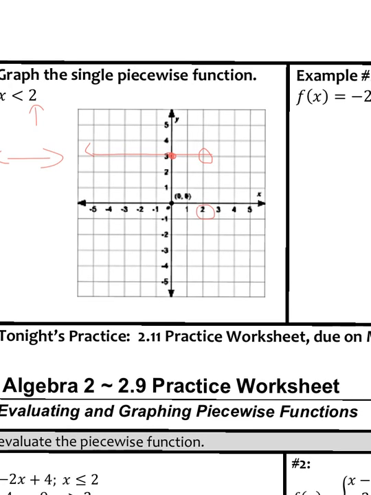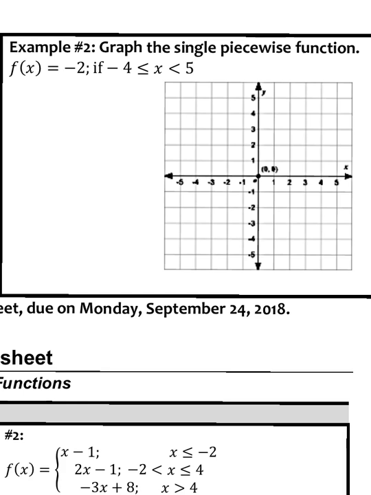Okay, so then going to the next example. Remember, this is telling me that I want y equals -2. So we're going to go to -2, draw a line. And this is telling me that I want in between. So at -4, I'm going to have a closed circle.